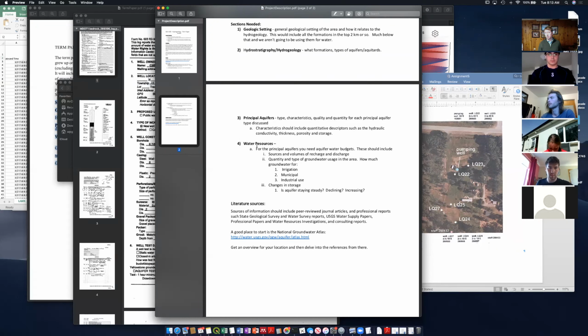How much is used for irrigation, municipal or household use, and industrial use? And then finally, a statement about the changes in storage. So are we drawing this aquifer down? Is it staying steady? Could be that the head and the water levels are increasing. So I want some investigation into what's happening for the changes in storage.